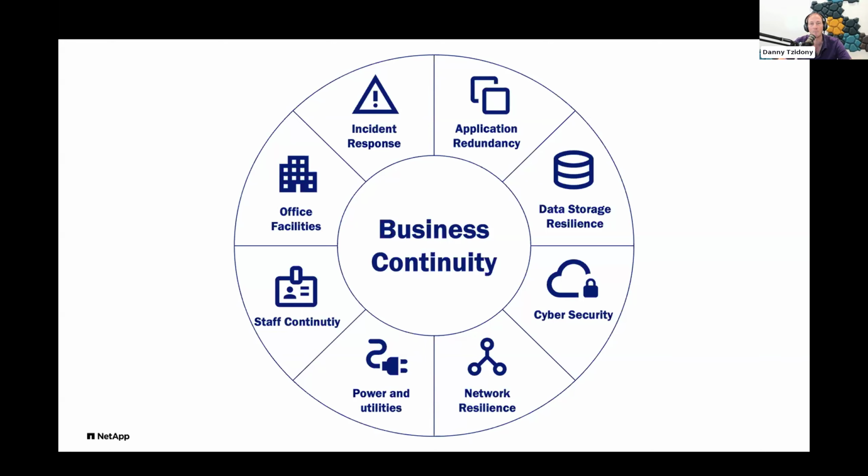But the point is that business continuity, and especially the disaster recovery part, is not a question of if it will happen, it's sometimes a question of when it happens. So it is quite important. As you can imagine, today we are going to focus on the data resilience part of business continuity, as FSx for ONTAP is a storage service.